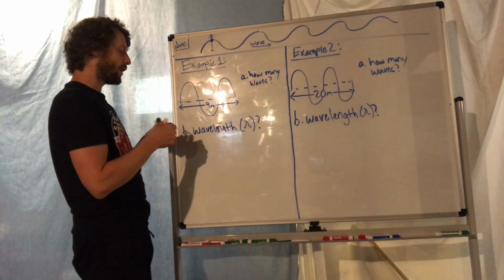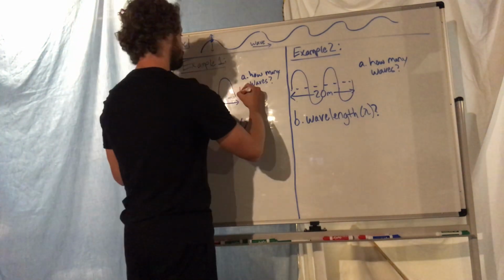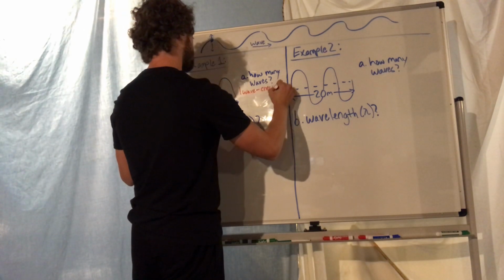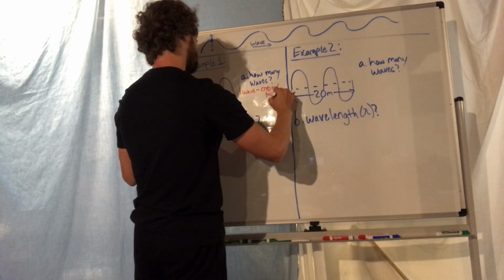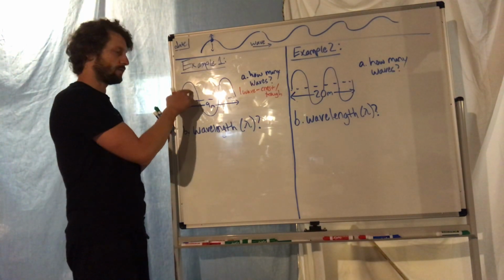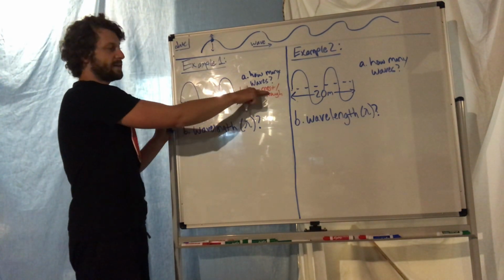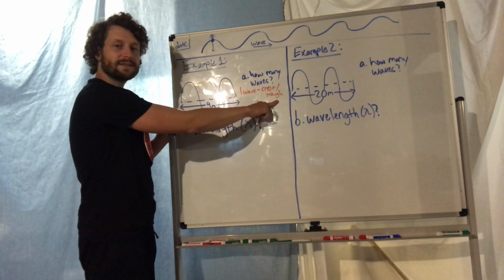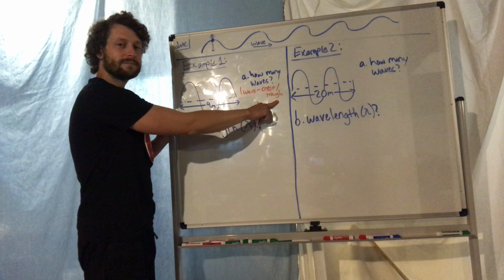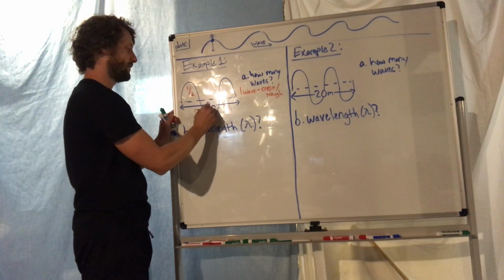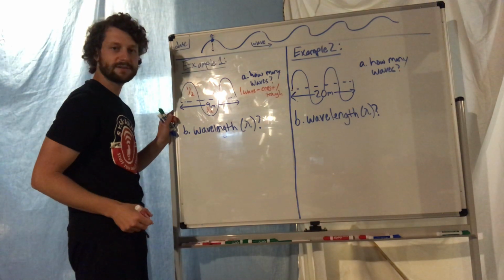Well, we know one wave. What is one wave? How do we measure that? It's a crest and a trough together. That's one wave. So a crest by itself is only half of a wave. A trough by itself is only half of a wave. So this is a half of a wave. Here's another half of a wave. That's 2 halves.